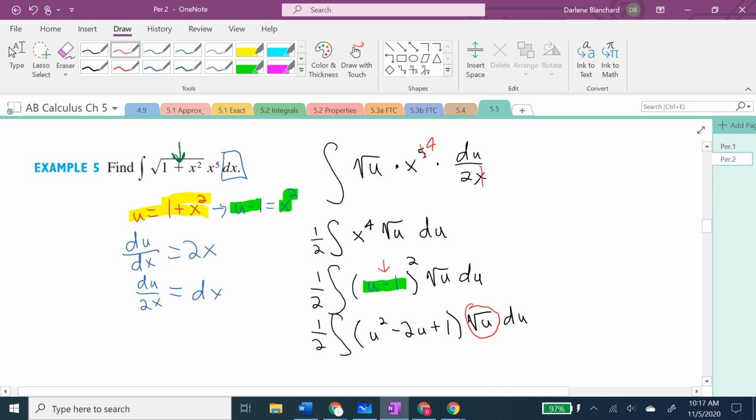I can very nicely distribute the multiplication of that single-termed square root and get something that I can integrate. Woo! So remember, the key is always your choice in the u-substitution.